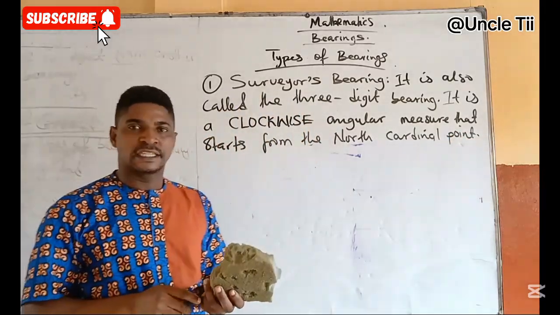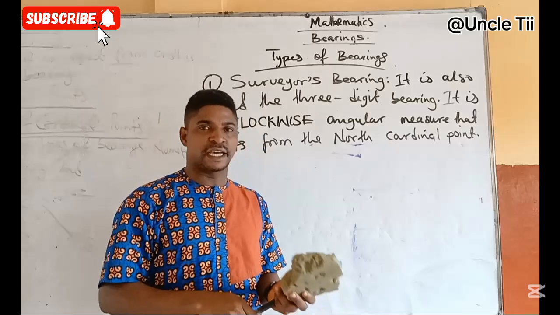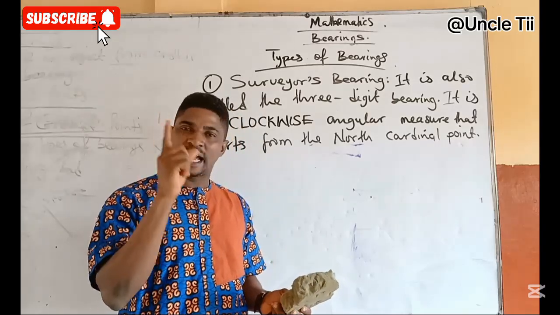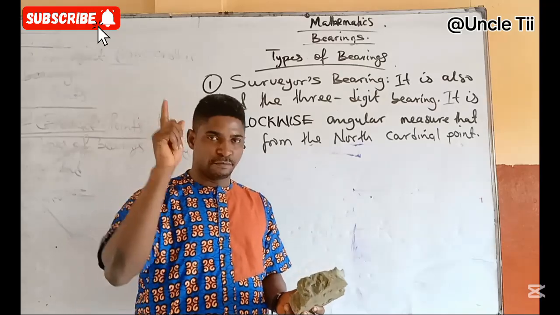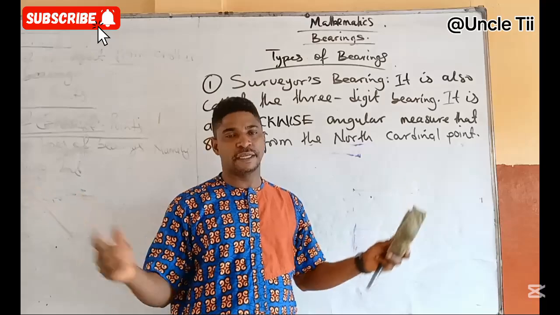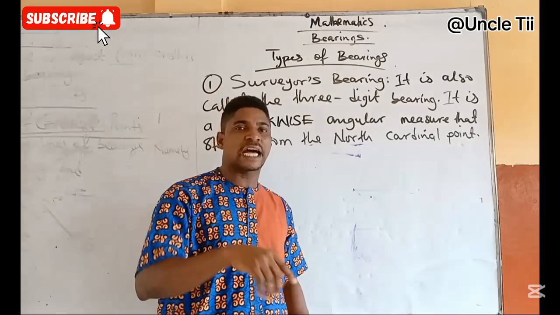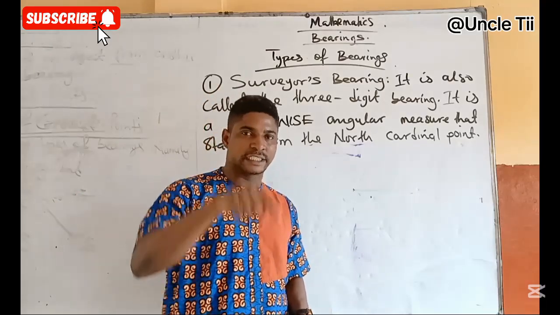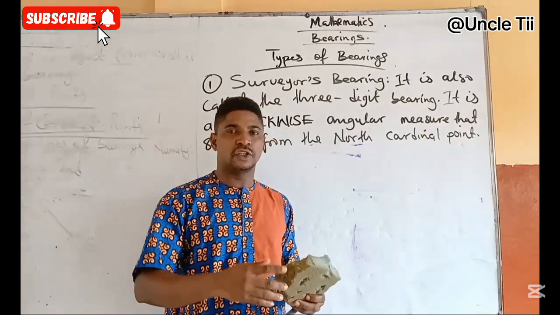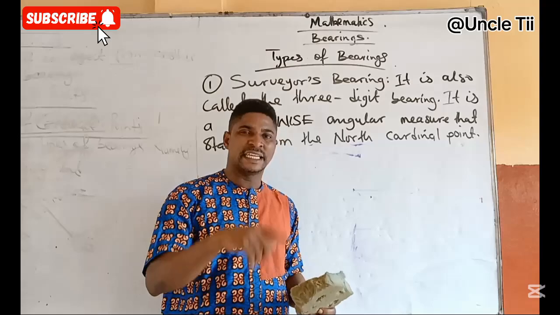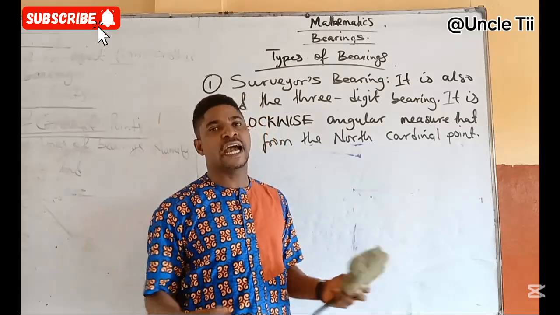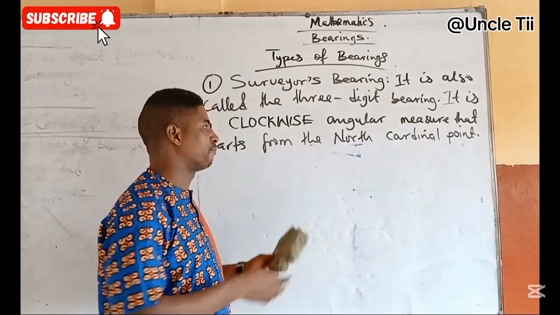This means that in a surveyor's bearing or a 3-digit bearing, movement is never anti-clockwise. The movement is always clockwise. And it can't just start from anywhere. It must start from the north cardinal point. So, in a surveyor's bearing, you move clockwise, starting with the north. We are going to see how it works through some examples now.